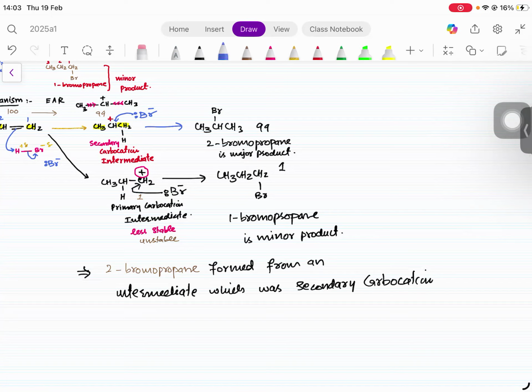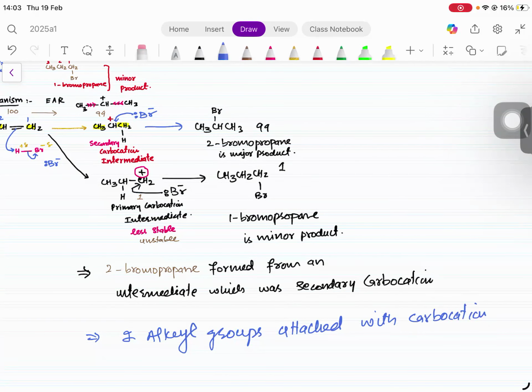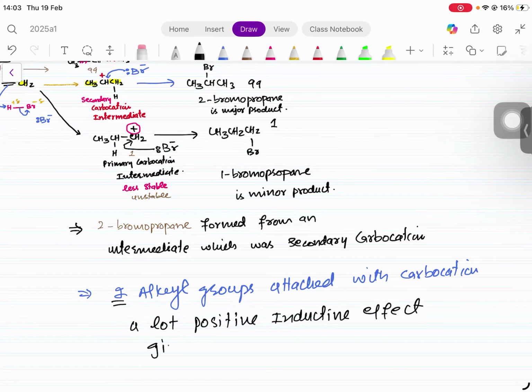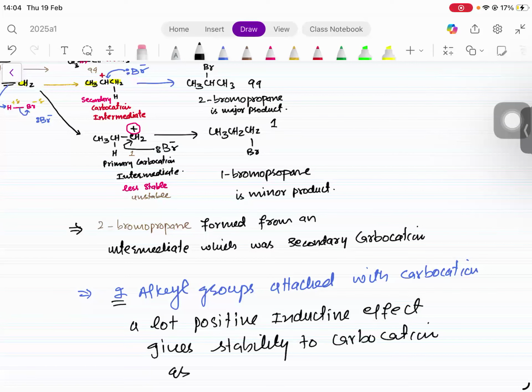Two alkyl groups are attached to the carbocation, giving a lot of positive inductive effect, which gives stability to the carbocation as compared to the primary carbocation.